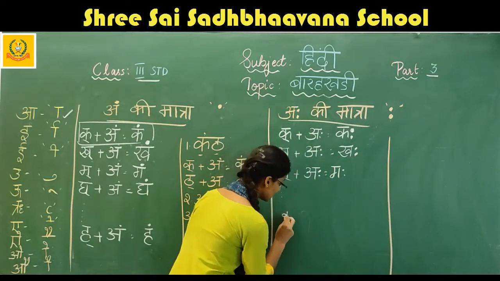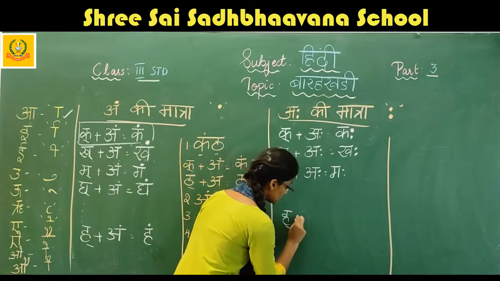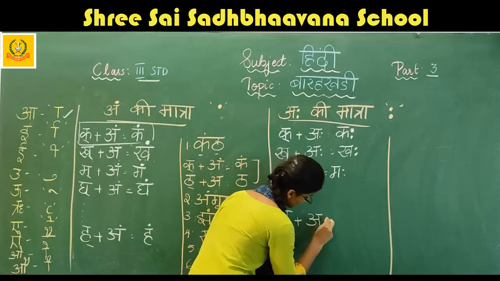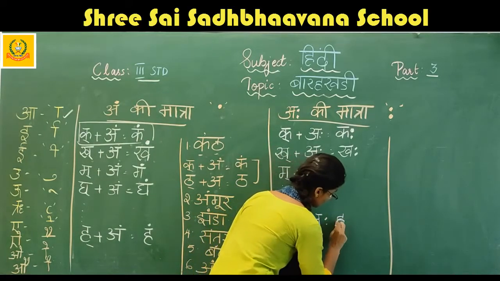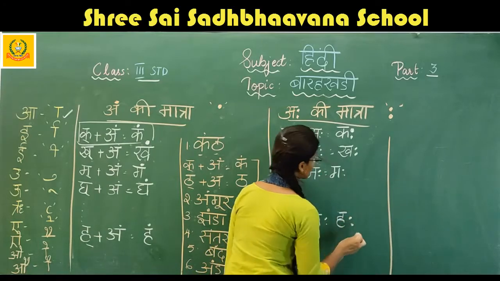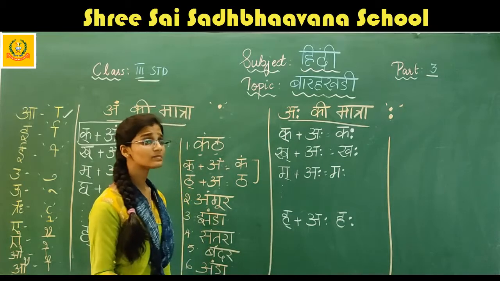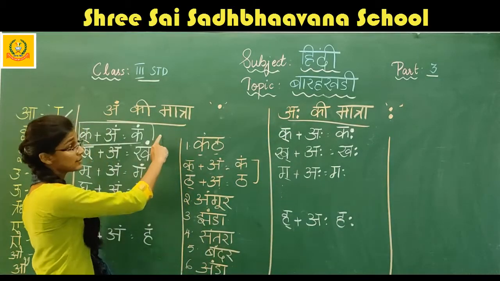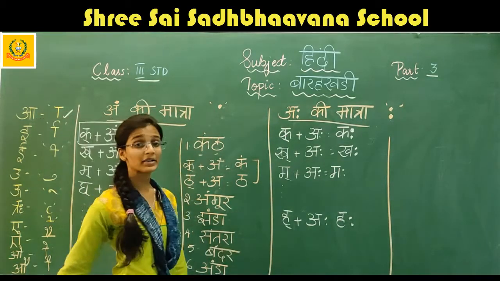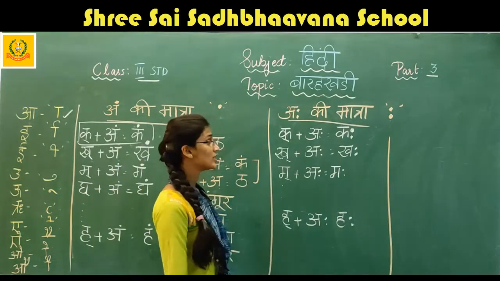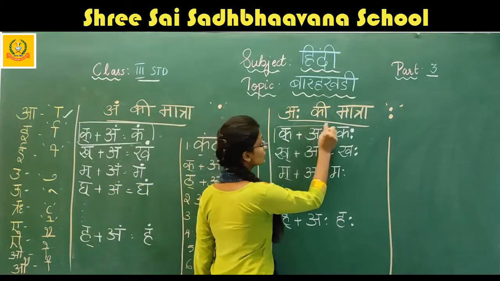Like that, write till H. H plus aha gives you aha. So children, one thing where you can identify whether it is one dot or two dots: aha has two dots.